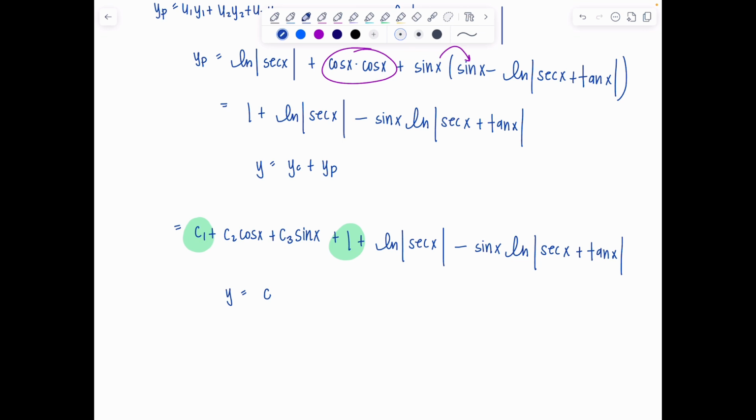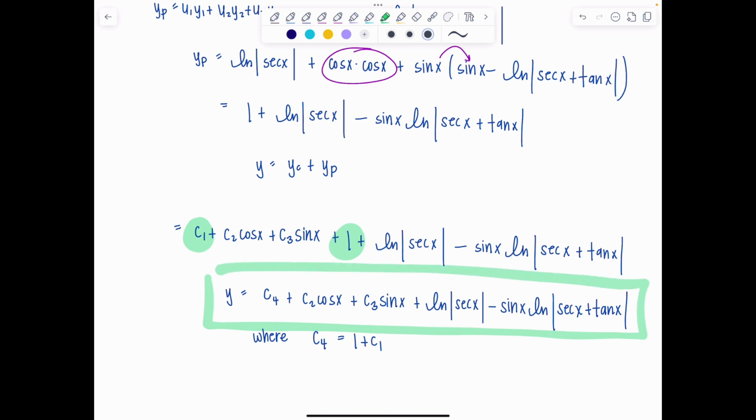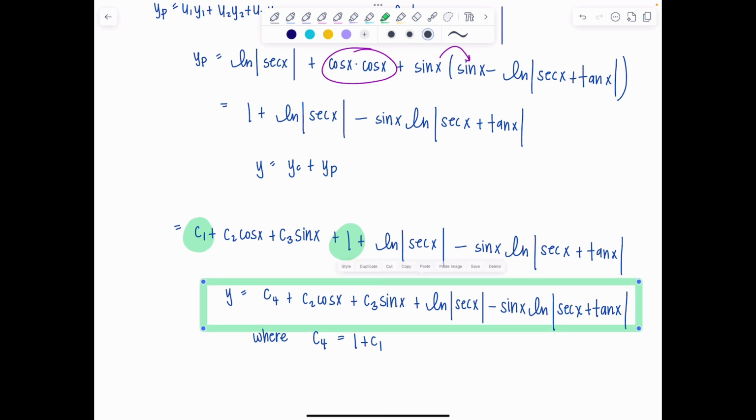I'll just say C4 plus C2 cosine x plus C3 sine x plus ln absolute value secant x minus sine x ln absolute value secant x plus tan x. And then you have to tell the people, who is this new C4? How did it suddenly come onto the scene? It's 1 plus C1. You're like, calm down. But you have to tell the people who it is. Okay, good.